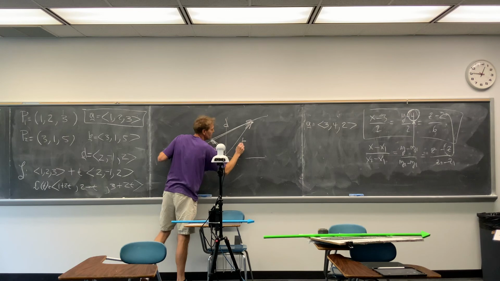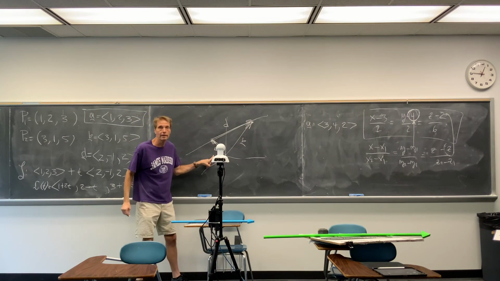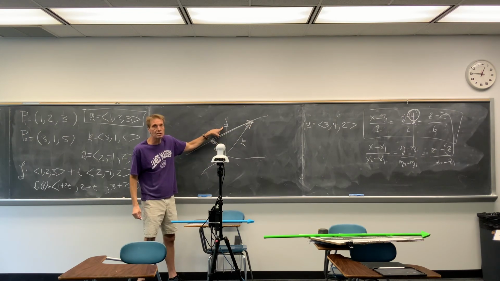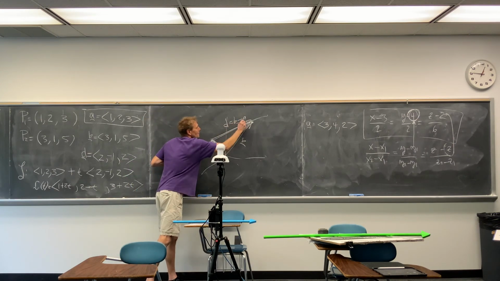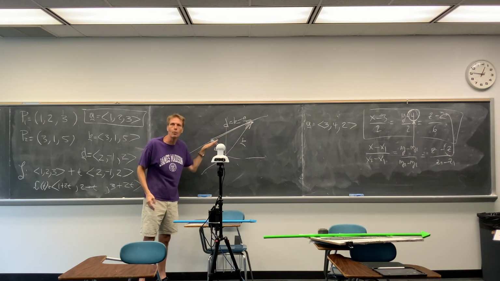If this is A, pointing to this point, and that's B, pointing to that point, what's D? B minus A. Or x2 minus x1, y2 minus y1, z2 minus z1.